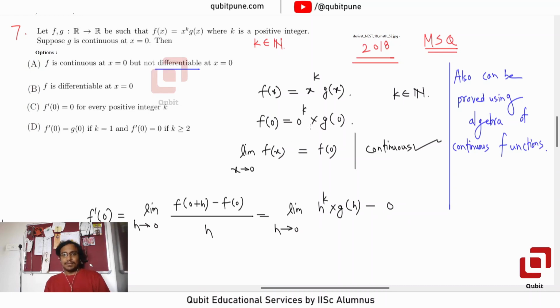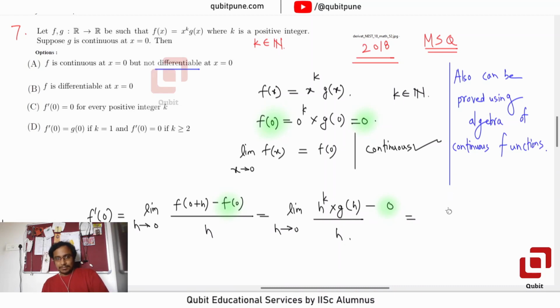Why is f of 0 0? Because k is a positive integer, so f of 0 is 0. All of that upon h.